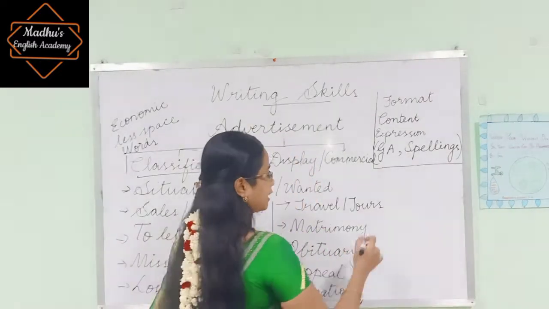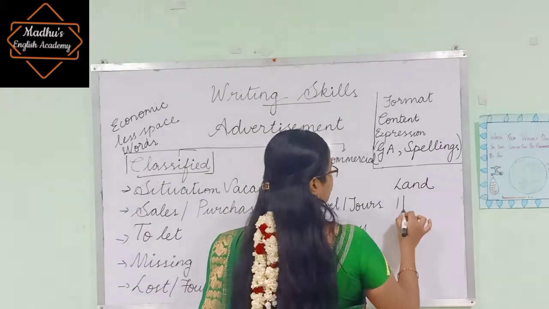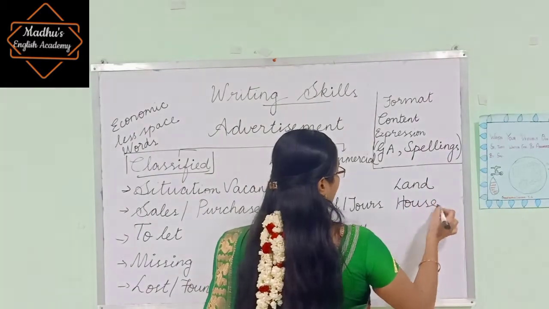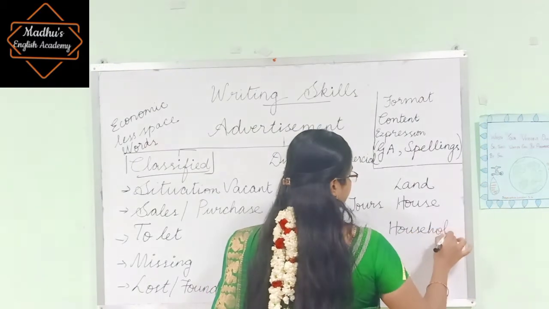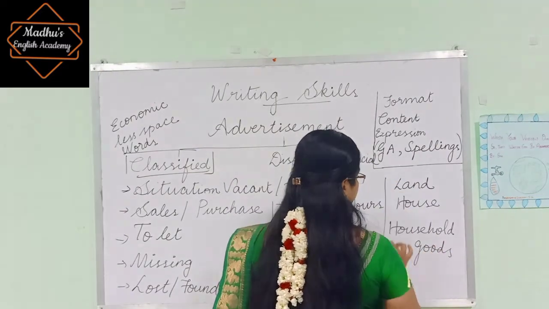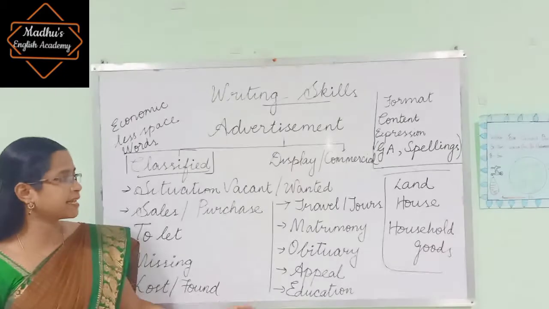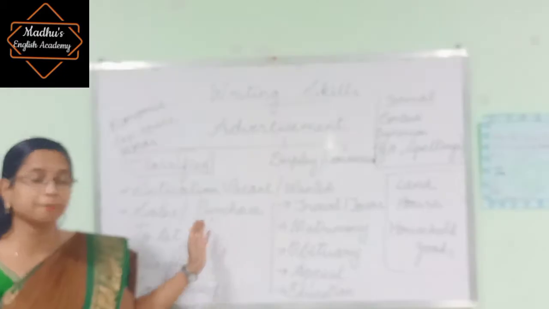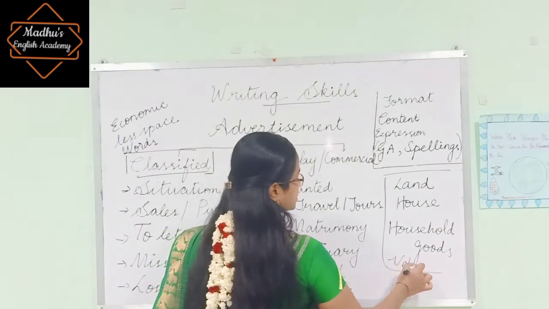So you can go for selling land, or house, or household items. Or if you want to purchase any of these, you can go to the purchase advertisement. You can even give advertisements for vehicles.